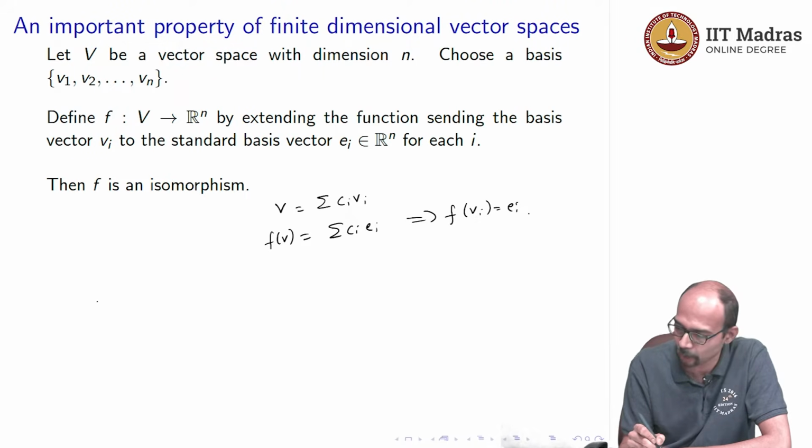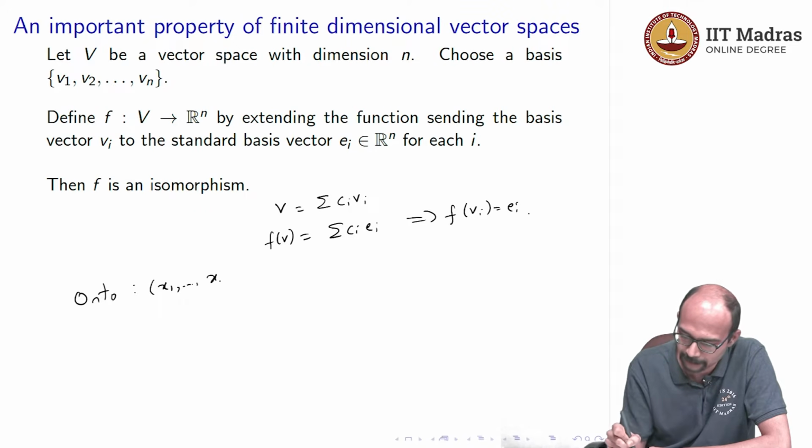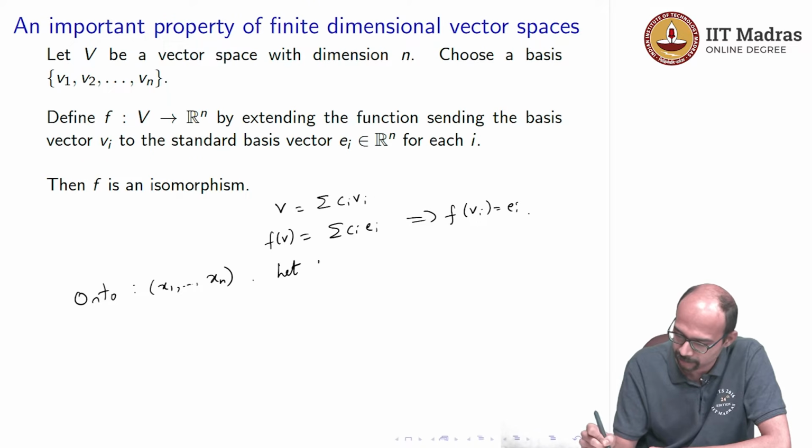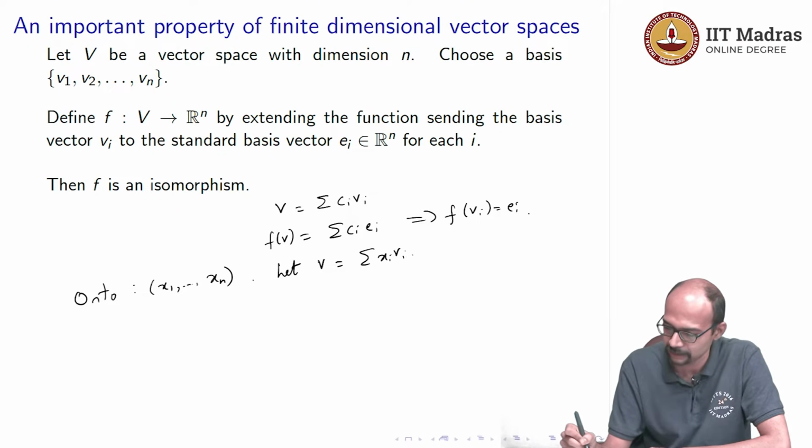How do we check that it is onto? Well, let us take an element of Rn. Let us say I have x1, x2, up to xn. Let v equal summation xi vi, so the ci is xi.